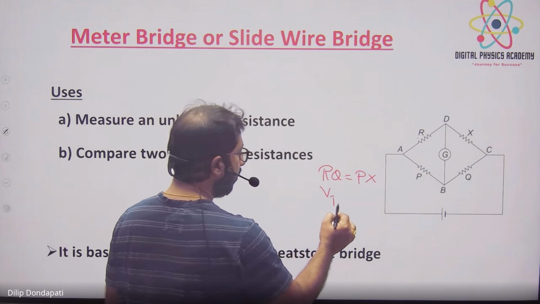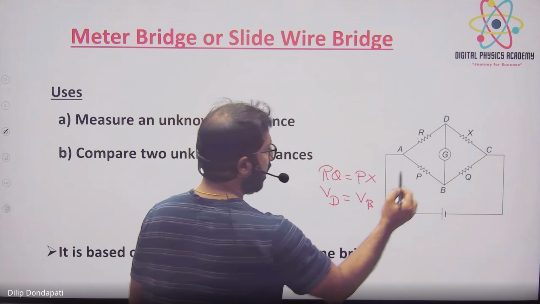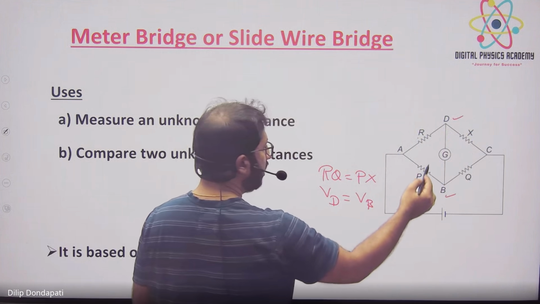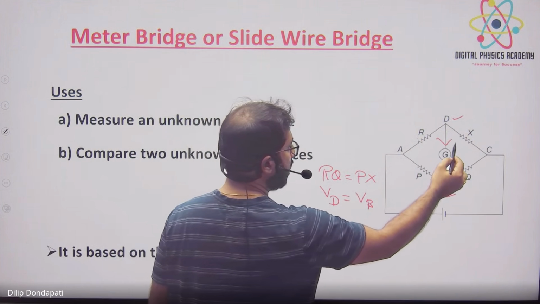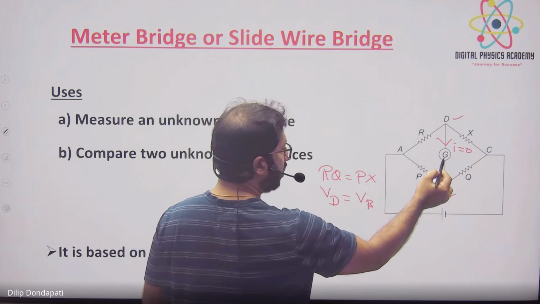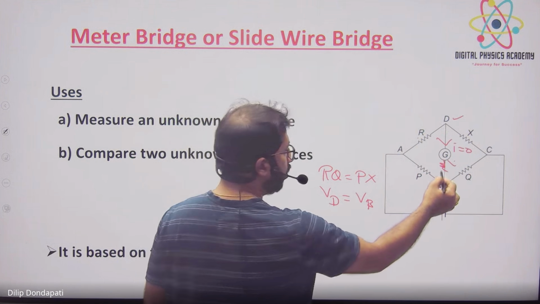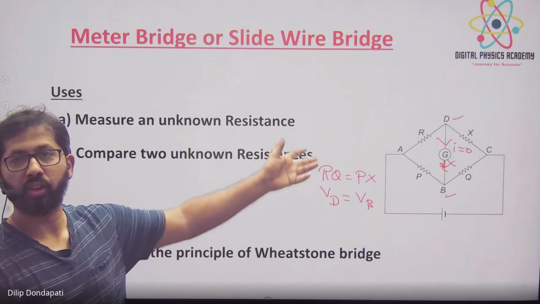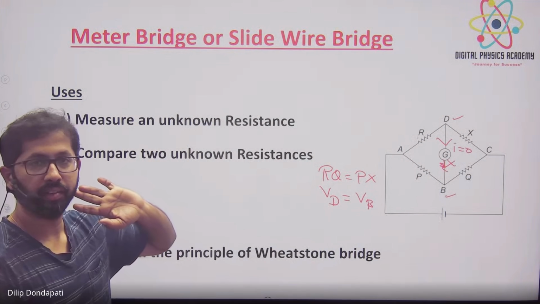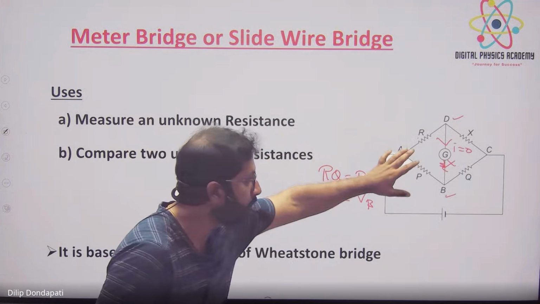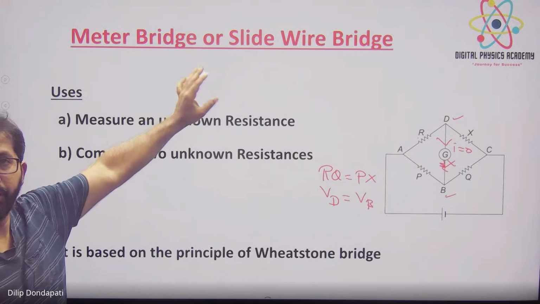Potential at D is equal to potential at B. Their potential will be same. Hence no current flows in the resistance. I is 0. So we can remove this resistance. Here some resistance is there. We can remove that easily and solve directly by R equivalent. Okay? This same principle we are using in the meter bridge.